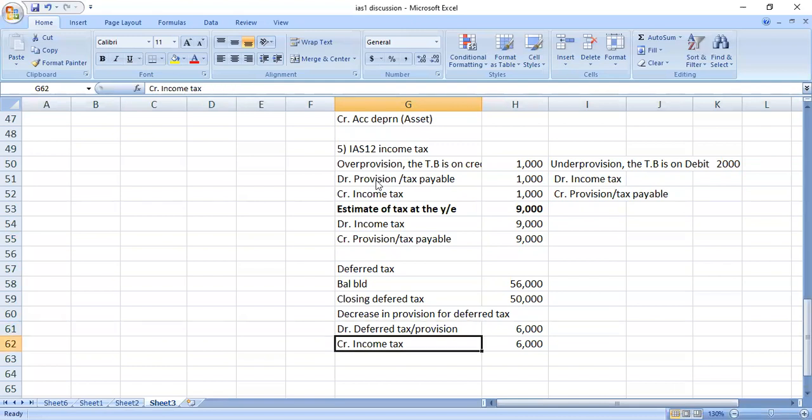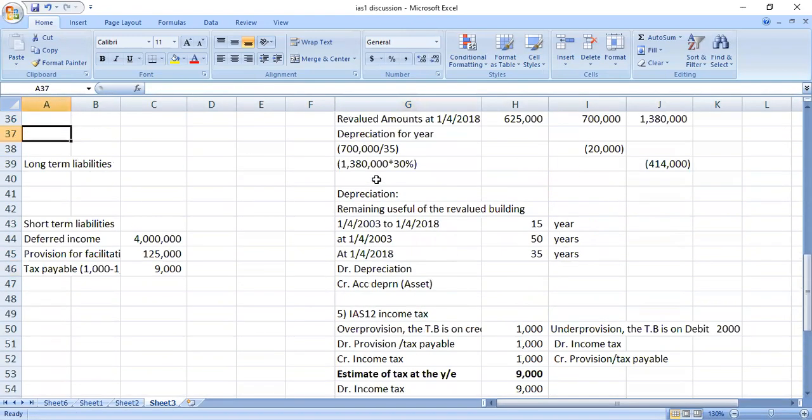Now deferred tax is a provision, so it will still come under your liabilities. Usually it's a long-term liability, and the reason is that it usually arises on non-current assets.